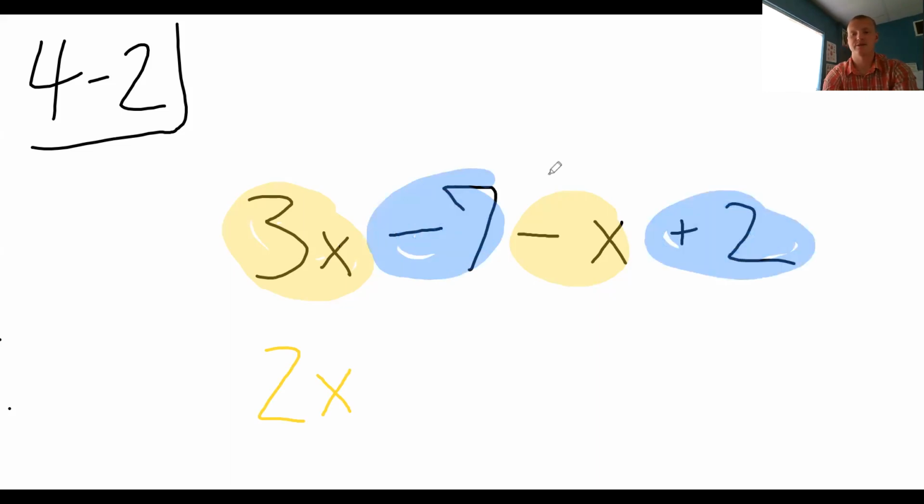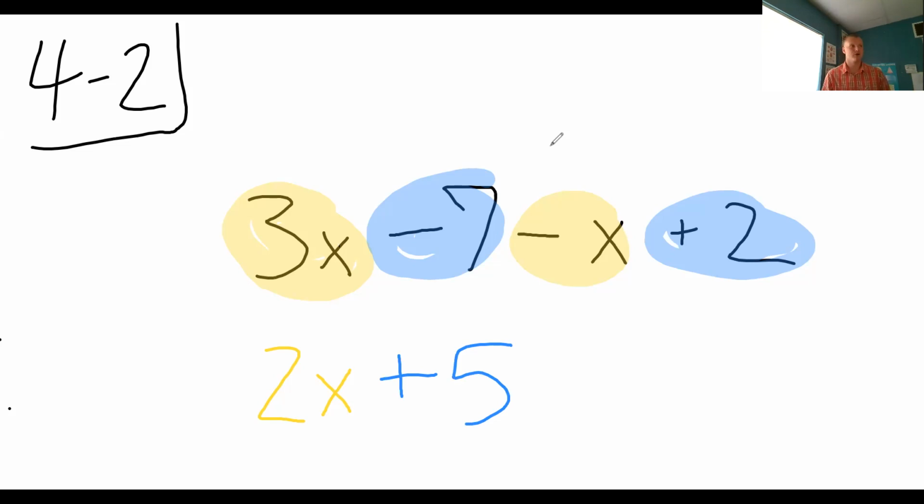Madeline, what's going to be my answer there? So -7 plus 2. +5, yep. So my simplified answer, just from changing up the signs, would be 2x plus 5, which is completely different from our other answers.